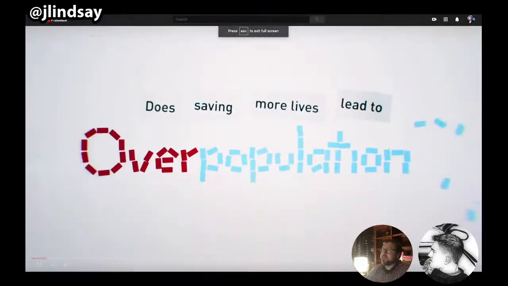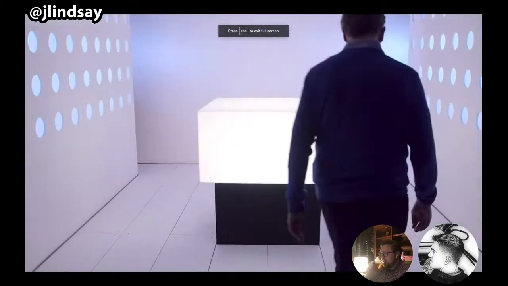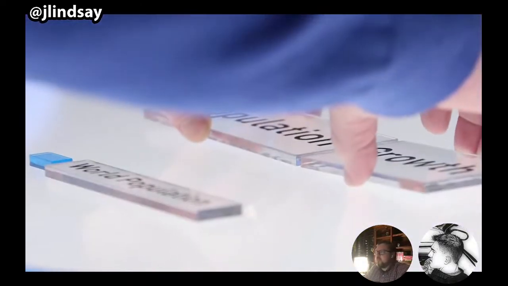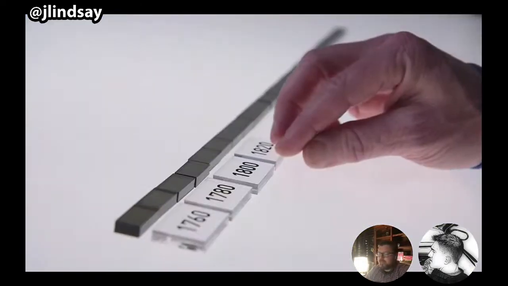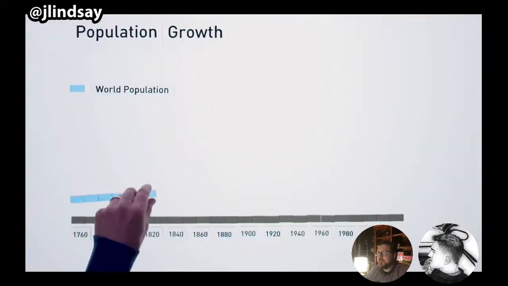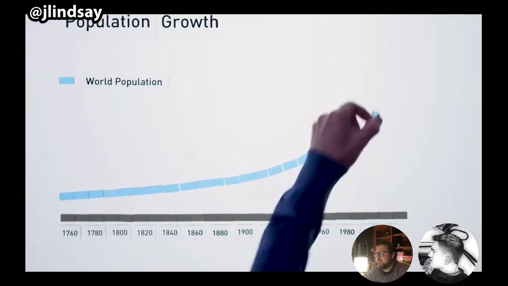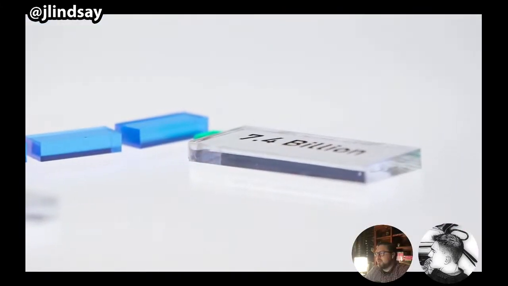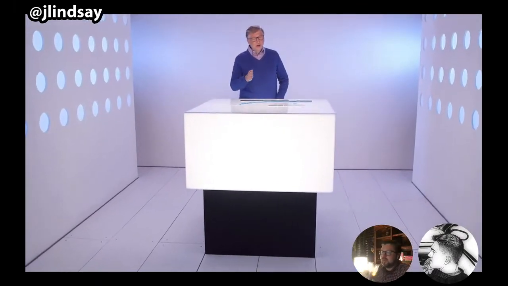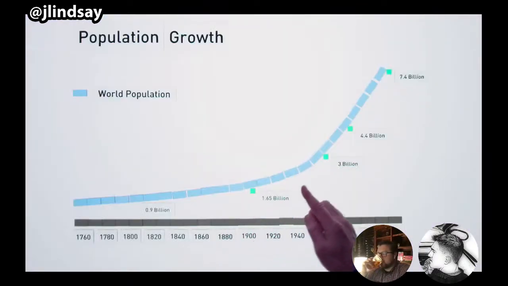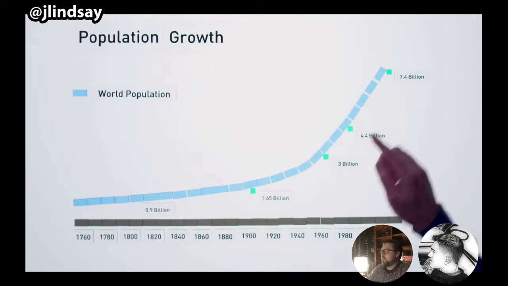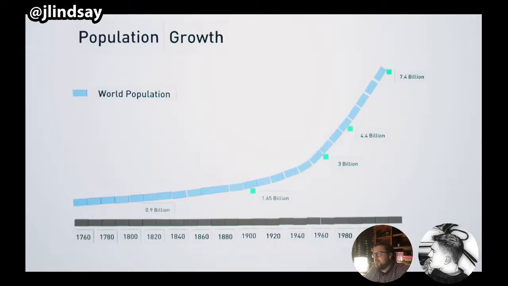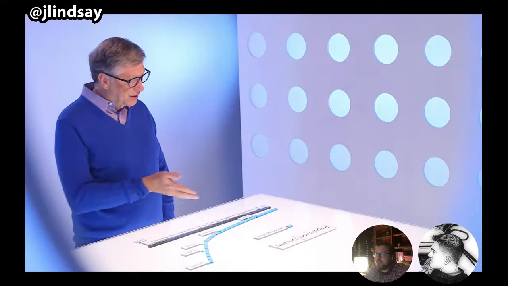In this year's annual letter, Melinda and I take the toughest questions we get asked and give our answers. One that's come up for a long time is, as we make the world healthier, is the population going to get so big that feeding everybody and maintaining the environment is going to be impossible? Here we can see a chart that looks at the total world population over the last several hundred years. And at first glance, this is a bit scary.